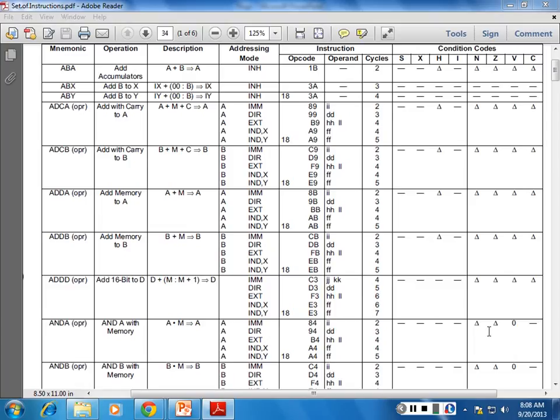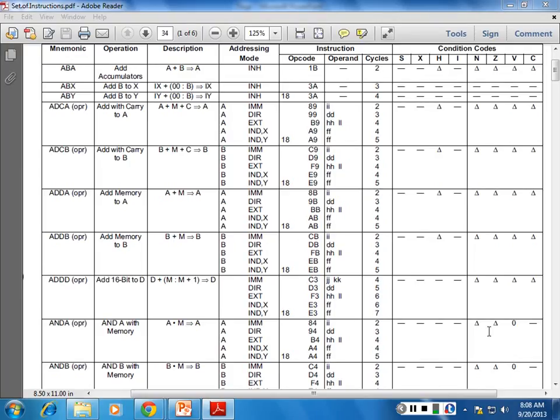And do you see these little triangles here? The triangles mean, let's say under ADDB you have 4 small triangles. That means if you are doing ADDB, any of these 4 flags can be affected. That's why there are triangles.